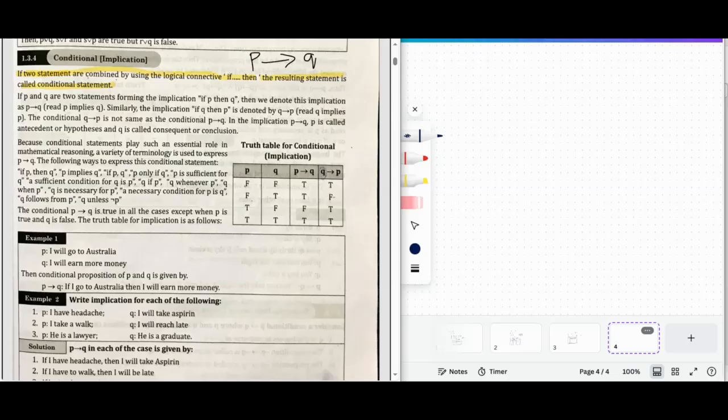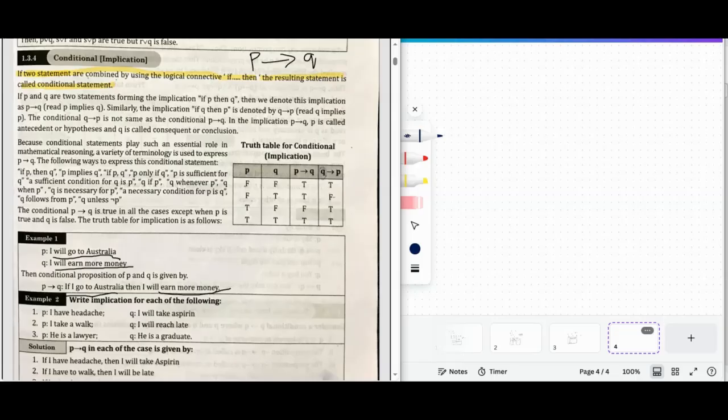So for example, P: I will go to Australia, Q: I will earn more money. I want to write it in the form of implication: if I go to Australia, then I will earn more money.